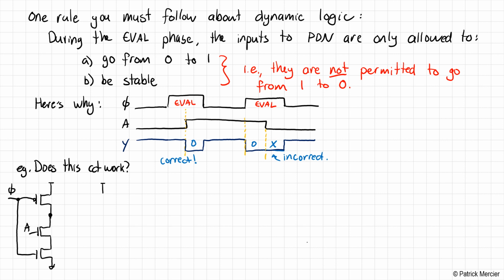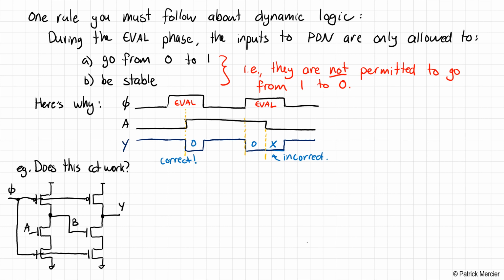And I'm going to connect it to another dynamic logic inverter in cascade. So all I'm doing here is putting two inverters in cascade. When I draw the clock signal going through here, I don't mean that it's connecting to the bulk, I just mean that it's the clock signal going through here. So I'm going to take this node, call that B, and take the second output to Y. So the question is, does this circuit work?